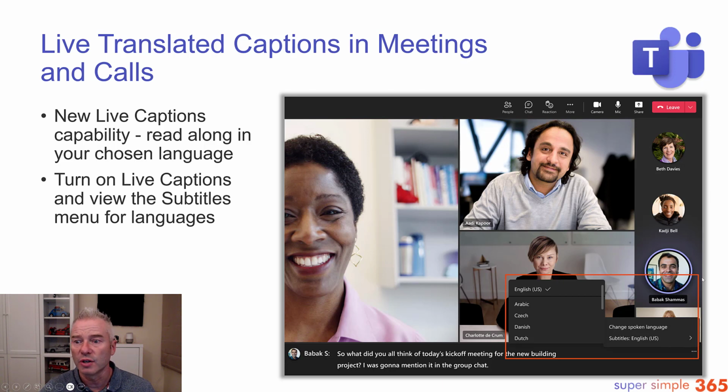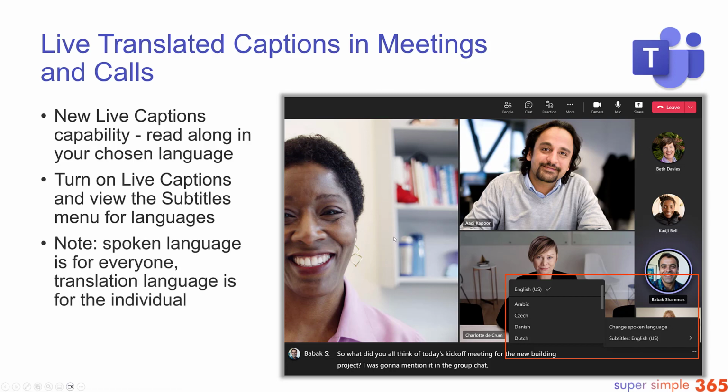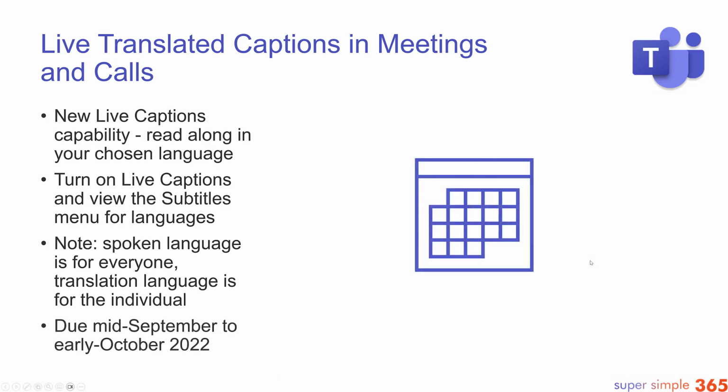Once you've got your captions on, this area down here on the right hand side, you can see that we can go to the subtitles and we can choose our language. Now it's worth noting that the spoken language is not the same as the translation language. So the spoken language is the language of the meeting, and your translation language is the one that you've chosen just for you. Due mid-September to early October this year.